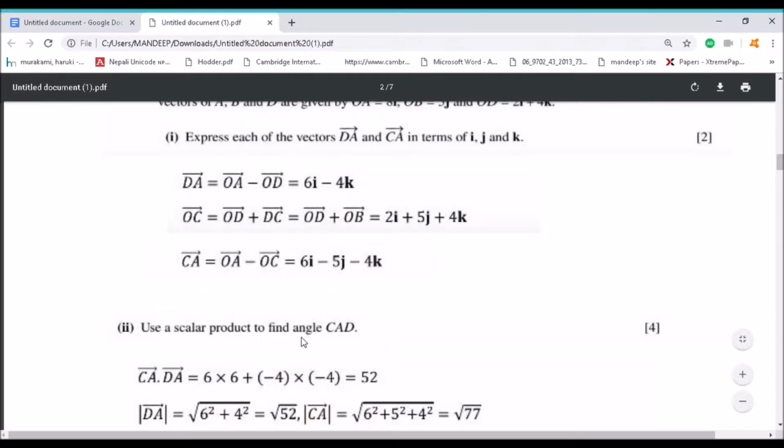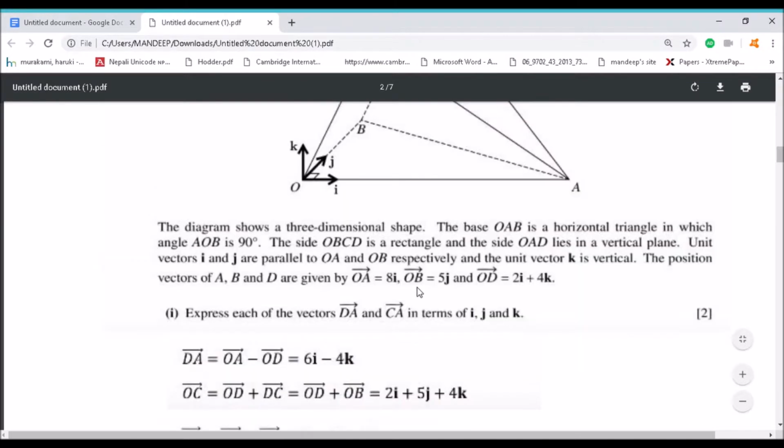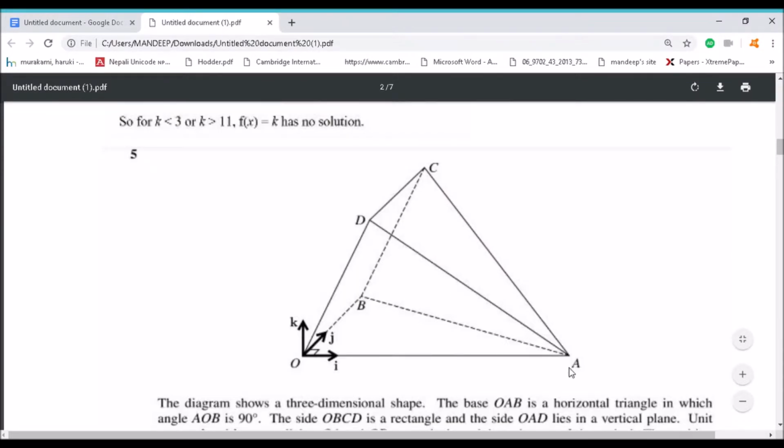Now find the angle CAD. Here's a tip for you. When you find this angle CAD, look at the mouse. We have to find the angle CAD. So we can use CA and DA, or AC and AD, dividing by the AC magnitude and the AD magnitude.